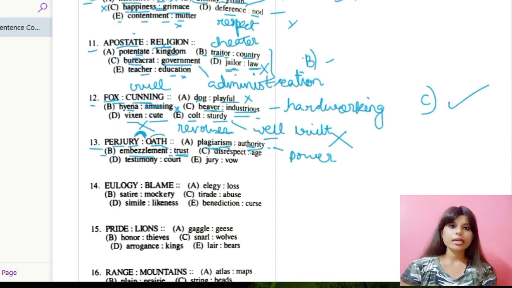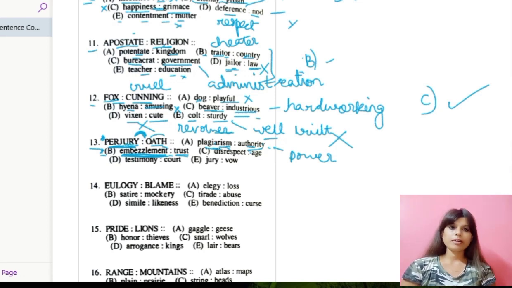So if we compare these two, that is perjury and oath and embezzlement and trust, you see perjury means telling lies, and embezzlement means like taking away some of the funds or the money that you have been entrusted with in a false way. A part of the money you are removing it in a false way.